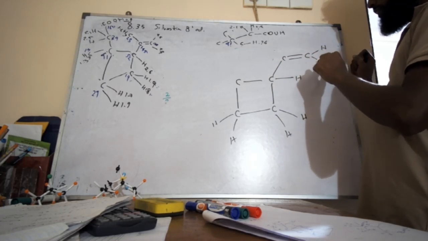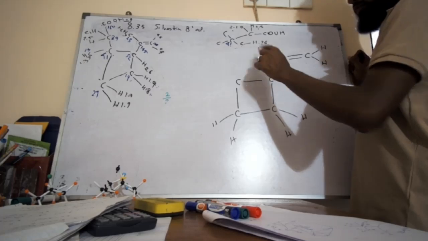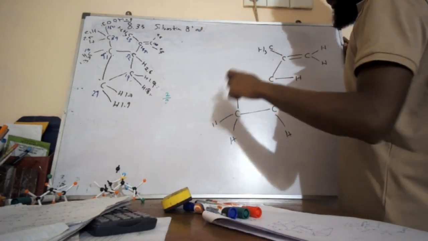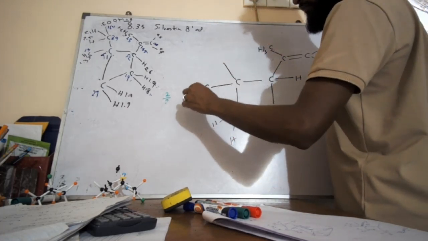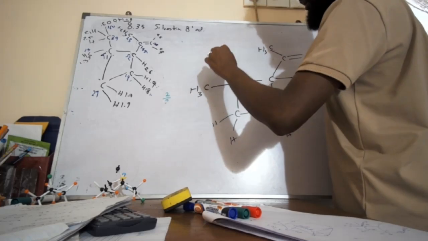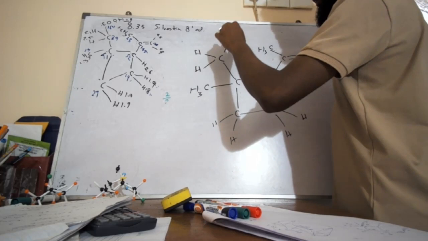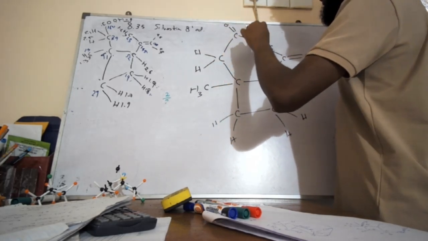It has different chemical shifts because it's not symmetric about the point. This one has 2 carbons, right? And then this one has 2 protons, and then finally the carboxylic group.